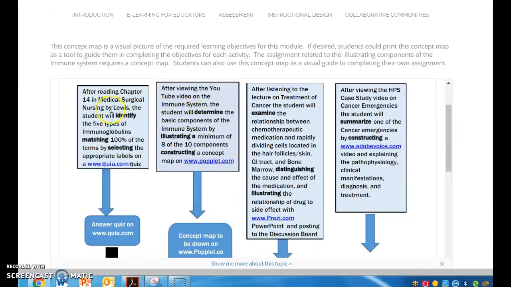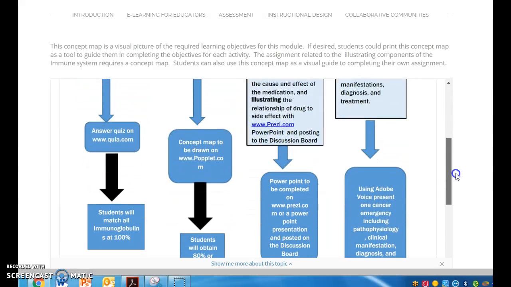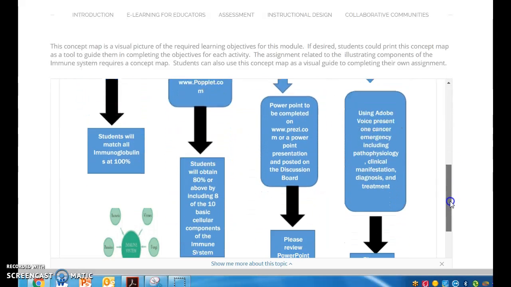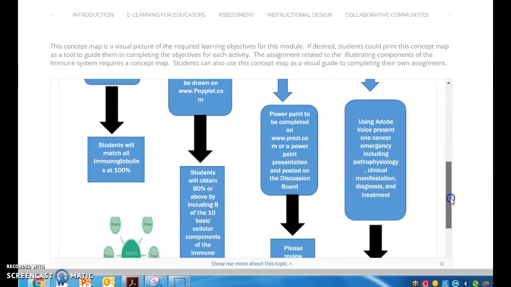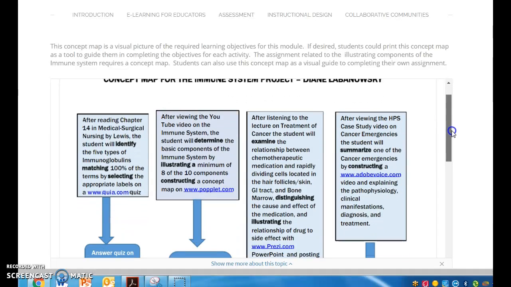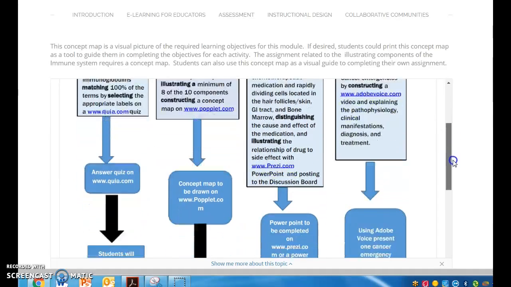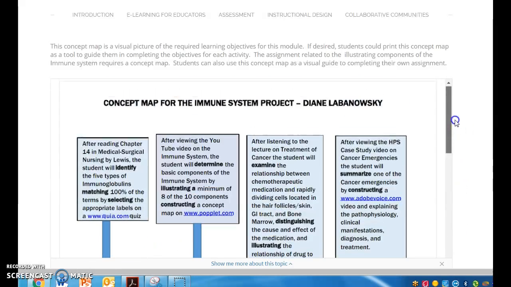So it's telling the student to do the same thing, but it's in a concept map. The reason you would use a concept map is that sometimes it makes it easier for the students to understand the assignment. It's sort of a blueprint as far as what they need to do for the course to get these grades. So it's just a basic overview of your assignment.